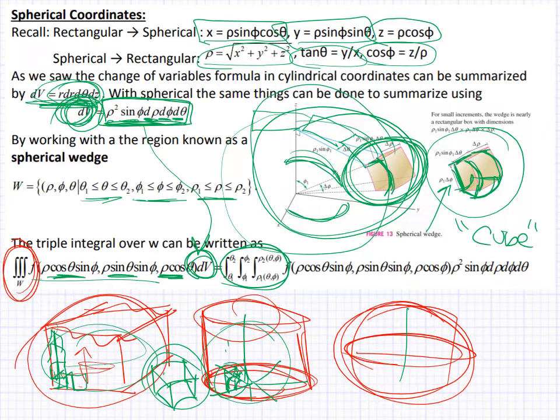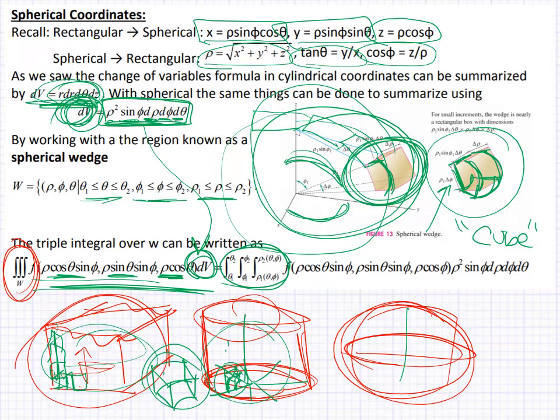I'll tell you that when it comes to spherical coordinates, the only time you really want to change an integral over to spherical coordinates would be when you're integrating over a sphere or some part of a sphere. Spherical coordinates does not lend itself to very many boxes, okay?